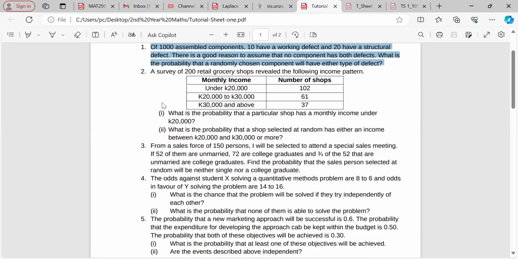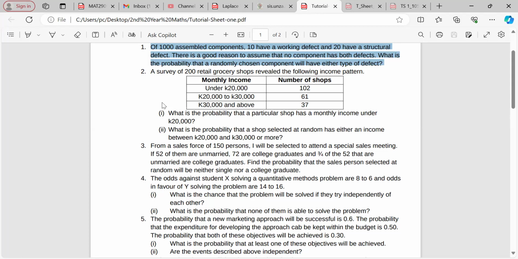Monthly income under 20,000: the number of shops is 102. 20,000 to 30,000 is 61. 30,000 and above, there are 37 shops. The question is, what is the probability that a particular shop has a monthly income under 20,000?